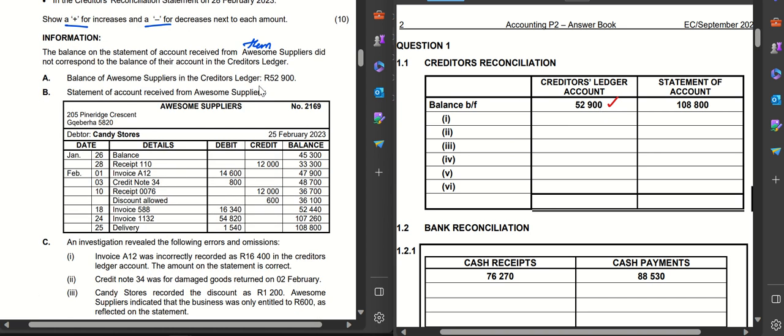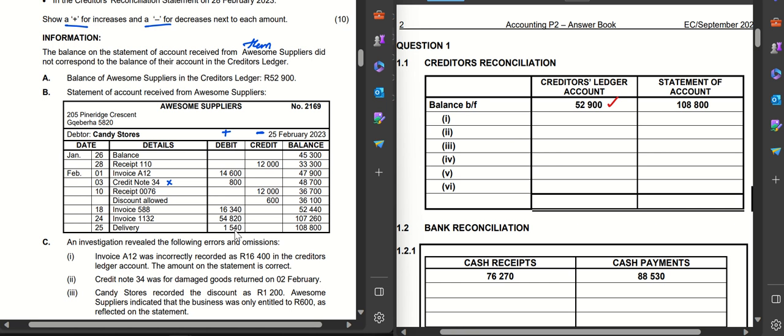This is the statement received from them. So remember, on the debit side this will have a plus here, but on the credit side it should be a minus. All right, hence you see the receipt is having a credit balance, an invoice. You can see already this credit invoice, something is wrong because it is on the wrong side. An invoice should have been on the credit side. And then you have your receipt, your discount, you have your invoice, and then the delivery.